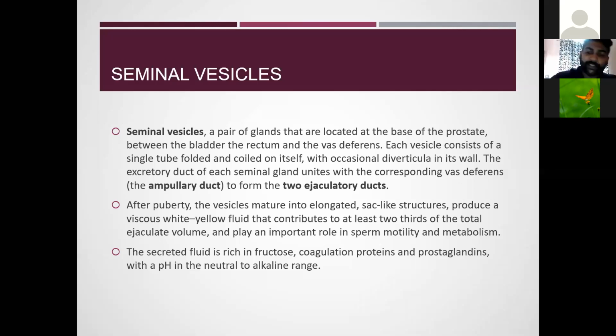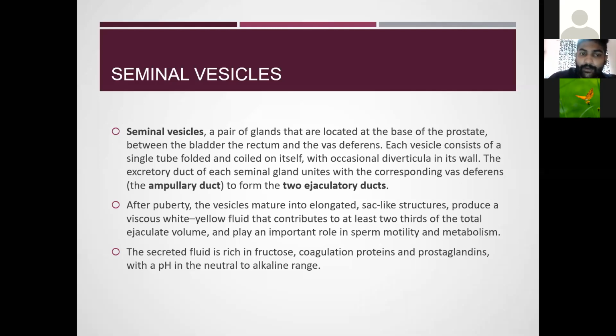Prostaglandins are hormones that reduce the female immune response against the sperm. The pH of the fluid is neutral to alkaline, to reduce the acidity of the male urethra and the female reproductive tract.